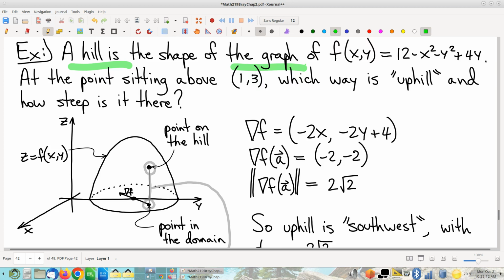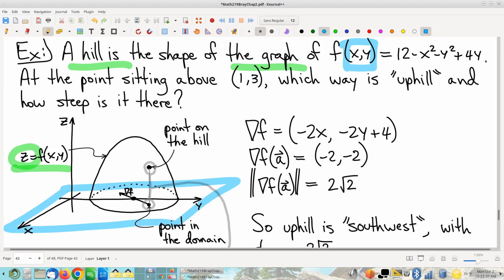Let's be sure to note this is a graph, so this is z equals f of x comma y. We're not looking at a picture of the domain here. We're looking at this weird space that we draw when we're trying to understand what functions look like. The domain, the x and y, the inputs, is the xy plane down here.